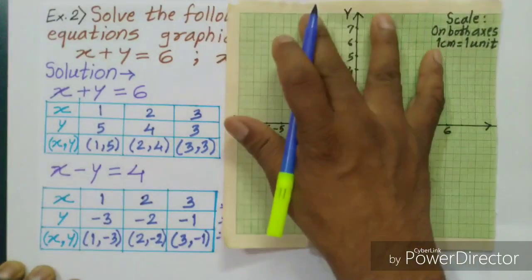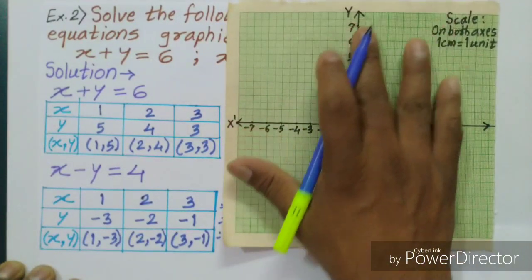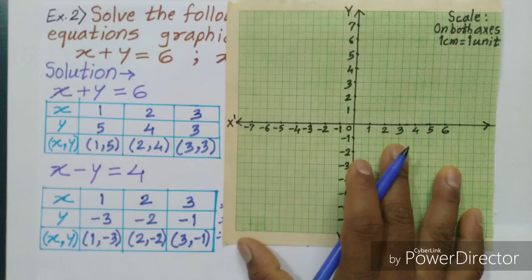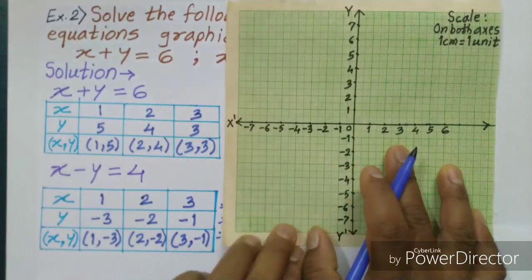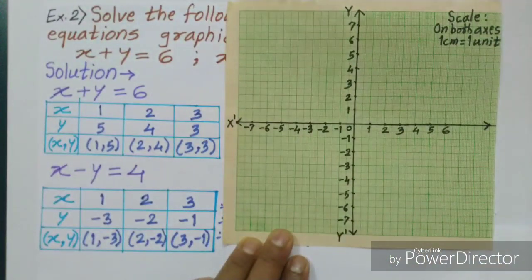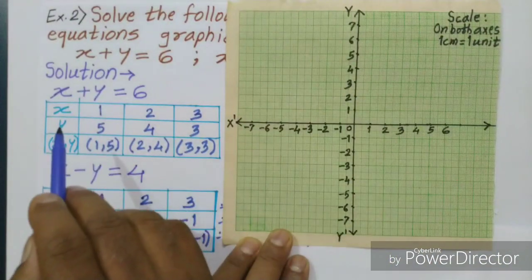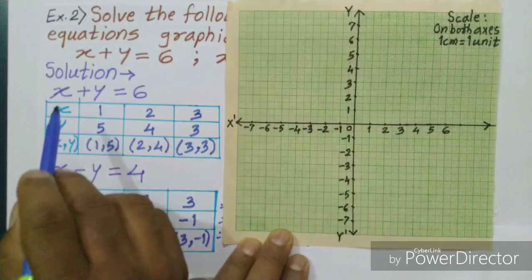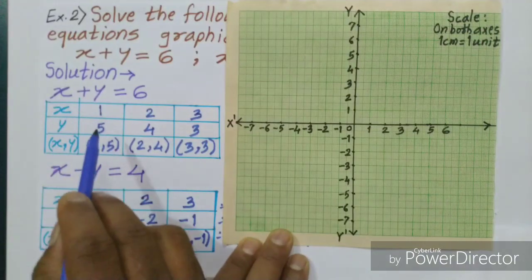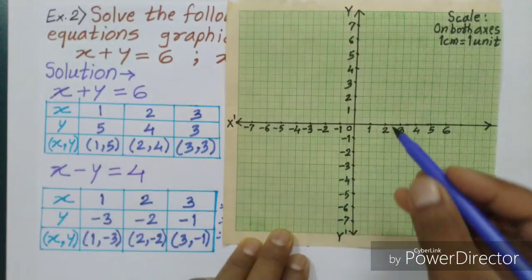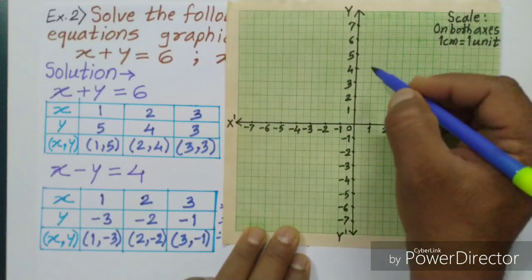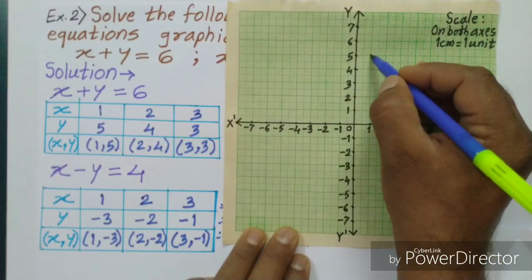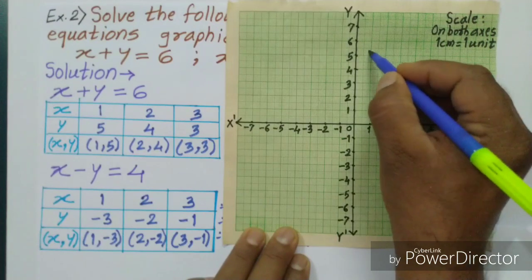We can draw here a graph paper. In that graph paper, the x-axis and y-axis we can draw here, and those points we plot in that graph. The first point is (1, 5), x coordinate 1 and y coordinate 5. That point we plot there.